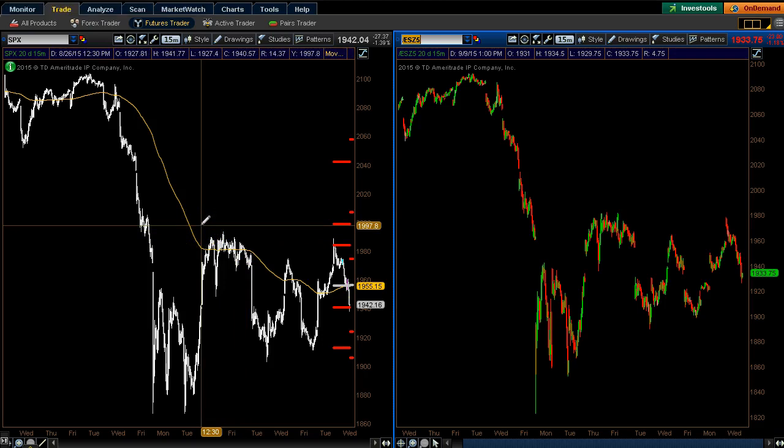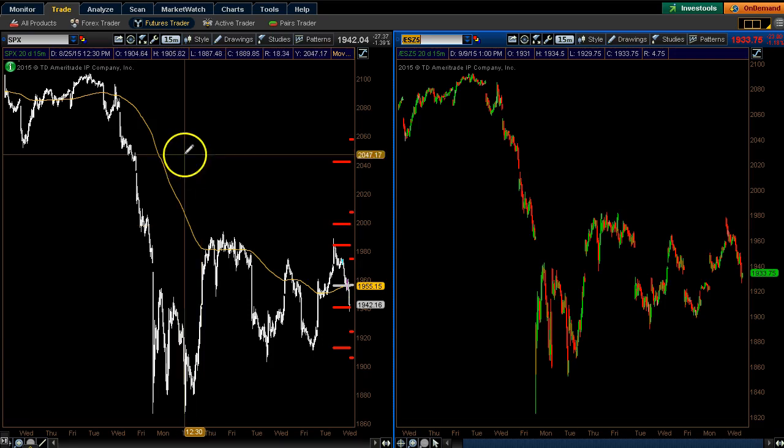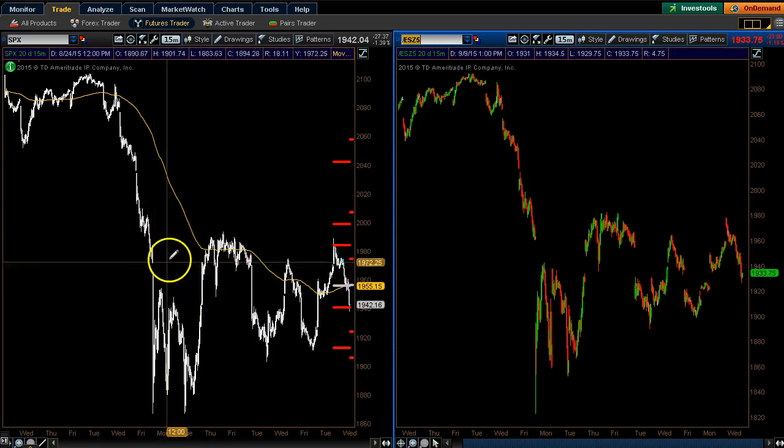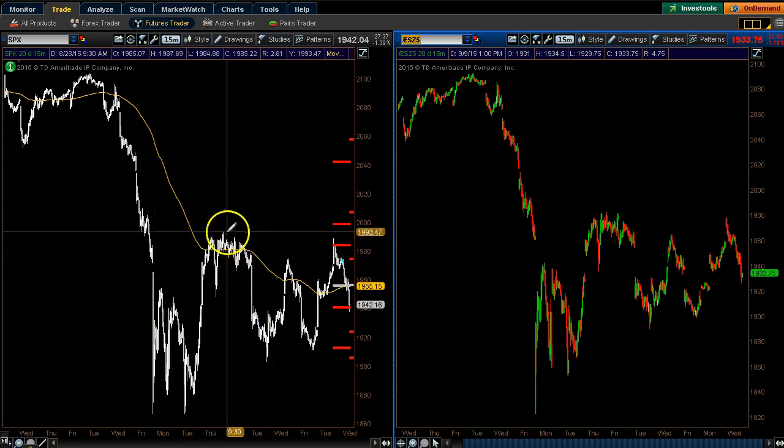SPX only trades from market open at 9:30 a.m. till 4 p.m. Once the market closes, it's done. But this is going to show us gap fills. It's going to show us the real support and resistance levels.